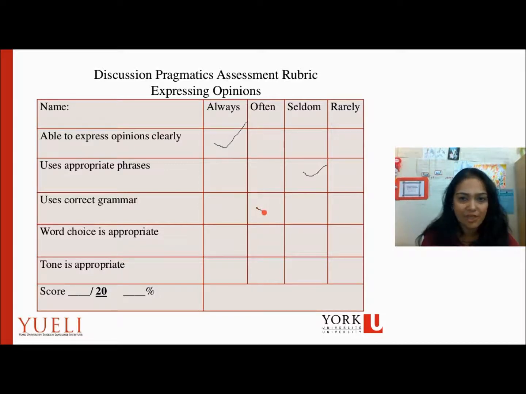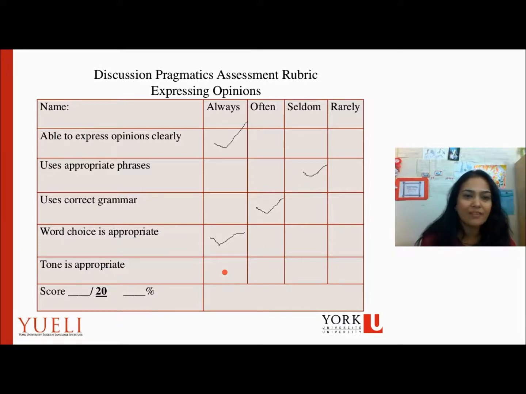They master most of the grammatical skills. So I would say it's mostly often or seldom in some cases, but it can never be a rarely unless I know the student is really low and needs to repeat the level in the future, right? Word choice is appropriate. Okay, most of the time they're good with vocabulary. They have a strong vocabulary in this particular program.